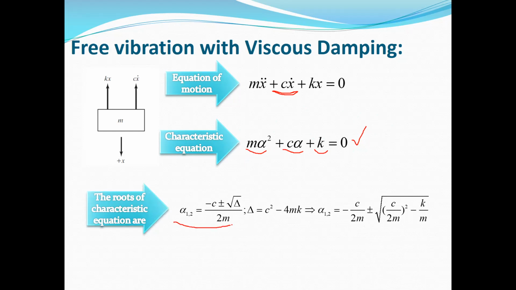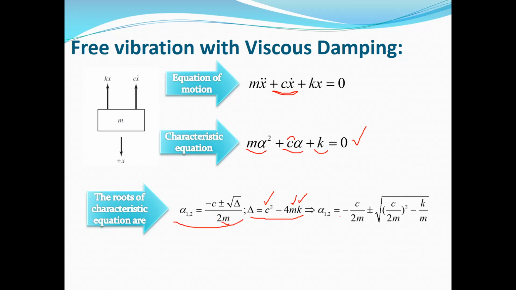You know that alpha 1 and alpha 2, the two roots for this algebraic equation, are minus c, which c is the coefficient of alpha, the damping constant, plus minus a square root of delta, which delta is equal to c squared minus 4 times m times k, where m is the mass of the system, k is the stiffness, and c is the damping coefficient, divided by 2m, which m, as I told you, is the mass.